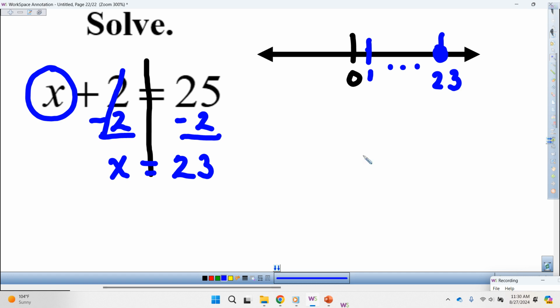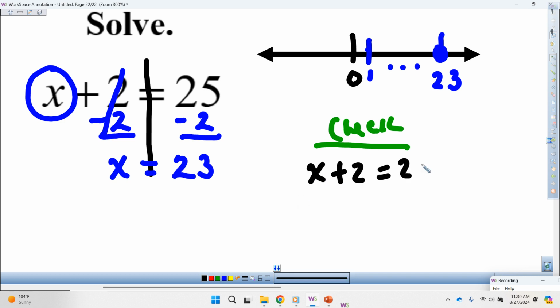Here we go. We take the original equation. We're going to check. We do x plus 2 equals 25. But instead of x, what do I write there? 23 plus 2 equals 25.